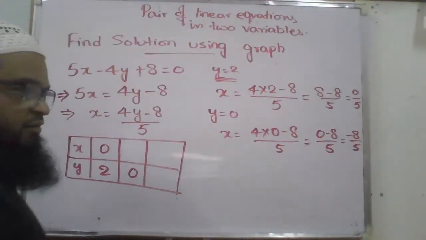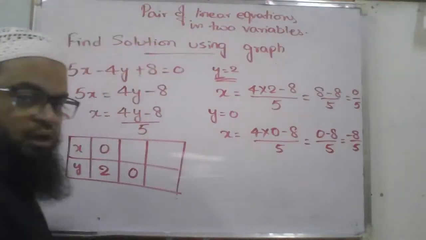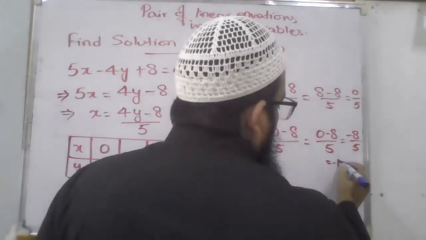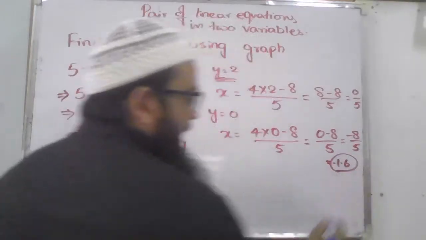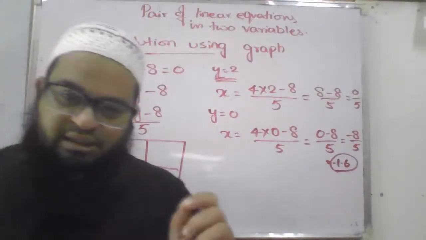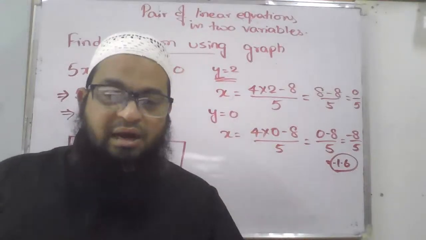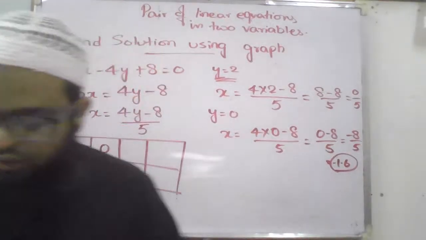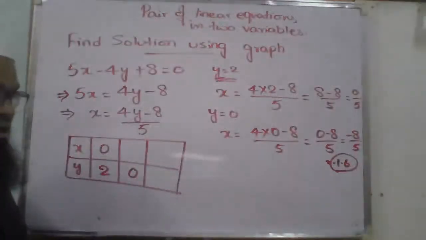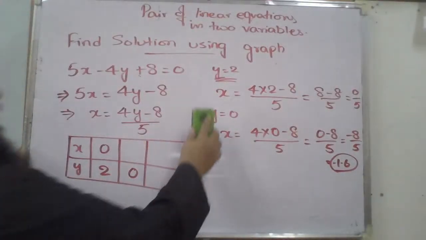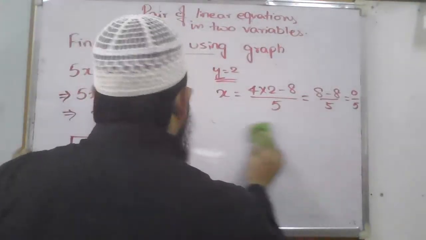I think it is minus 1.6. So minus 1.6 is difficult to plot in the graph, right? So therefore make sure that it comes in a whole number. Understood or not?